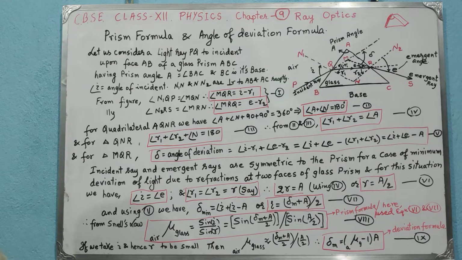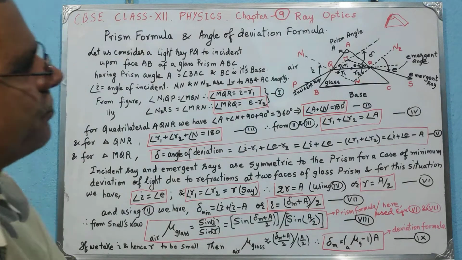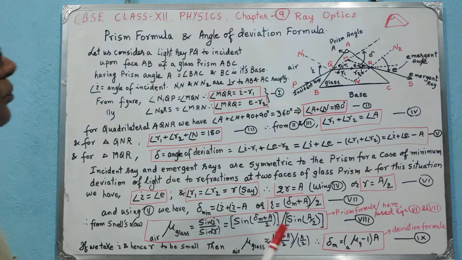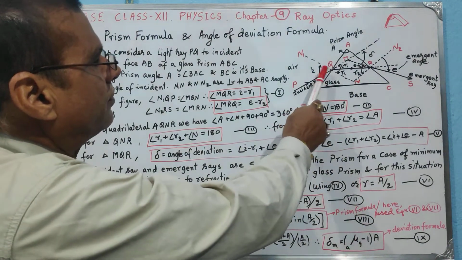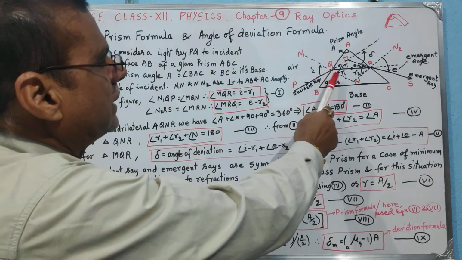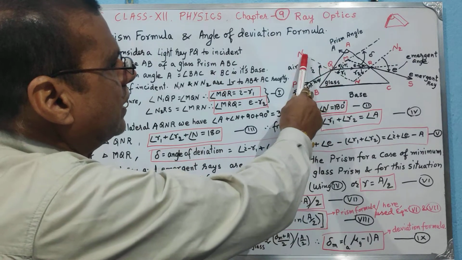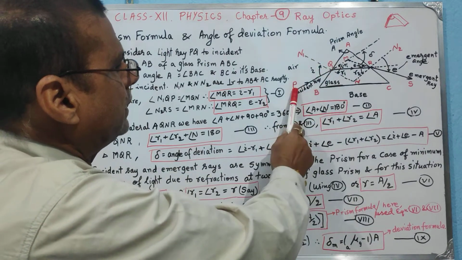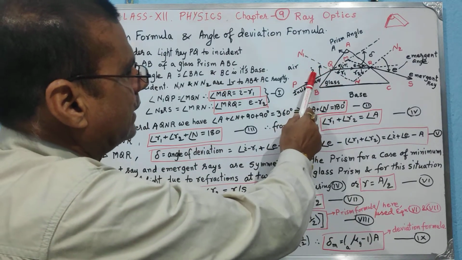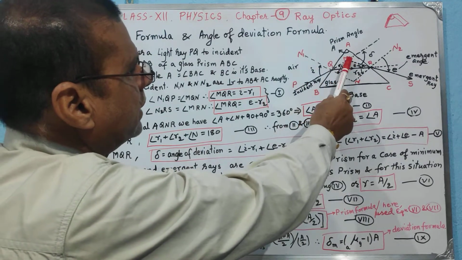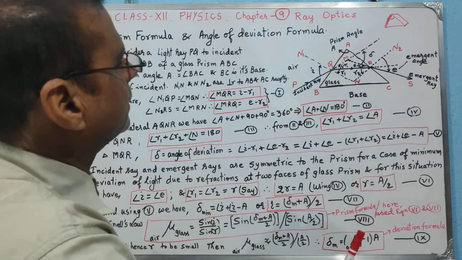One thing we can always consider is that vertically opposite angles are equal. Therefore N1QP, that is angle I, must be equal to MQN.